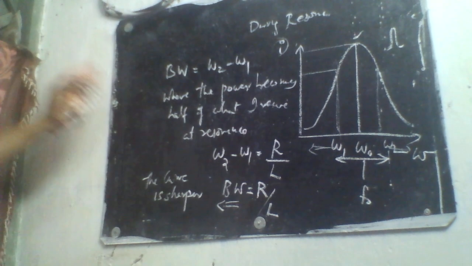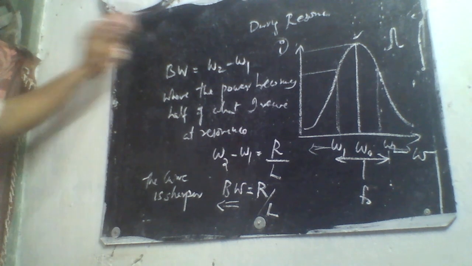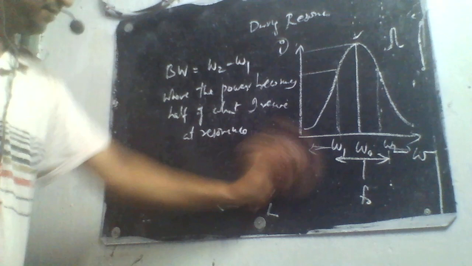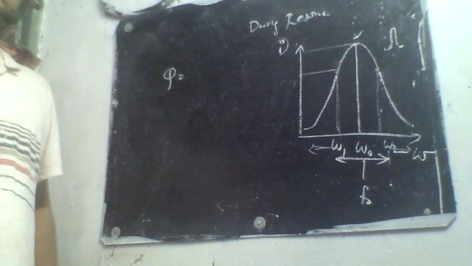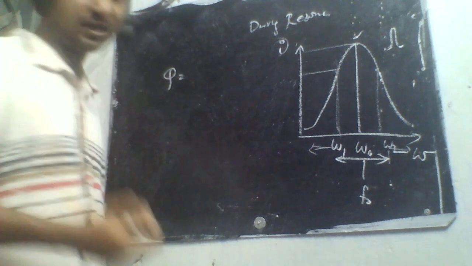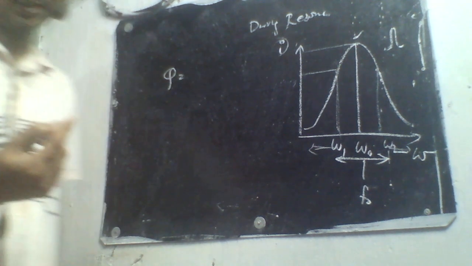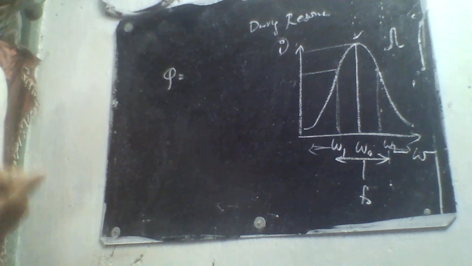Okay. Now there is another term which you call the quality factor. Quality factor is denoted by Q. How useful the given circuit is to select a particular frequency is decided by the quality factor.